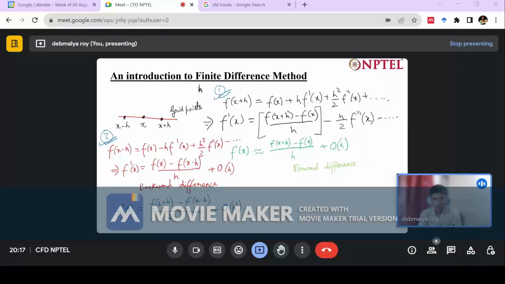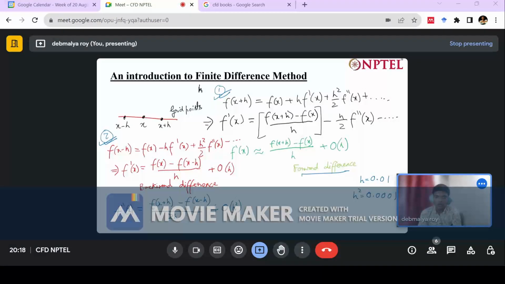And so the order is much lesser here. So if you have h equal to 0.01, let's say, in forward difference and backward difference, your order of error is 0.01, like in the second place of decimal. But in this case, your h square is actually 0.0001, 10 to the power minus 4.